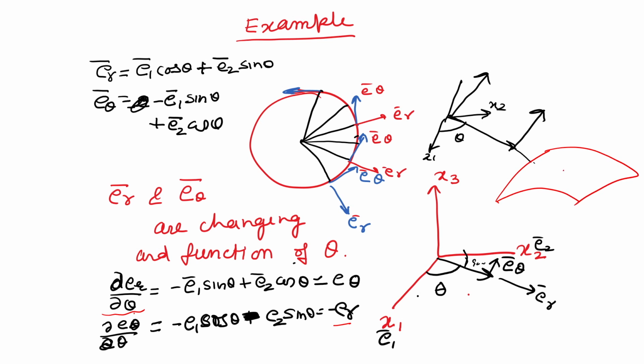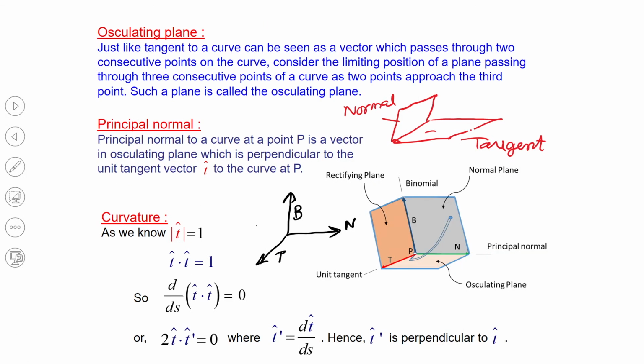So, we can define the tangent vectors 1 and 2. Now, a concept of osculating planes. For example, we have defined a tangent plane. Then we have also defined a normal section or a normal plane.